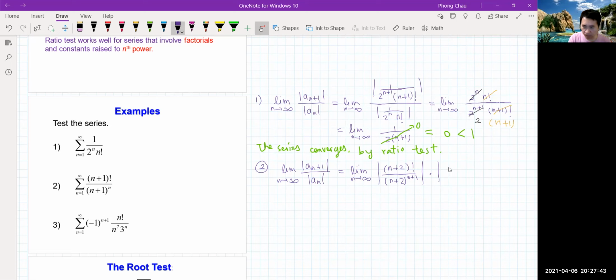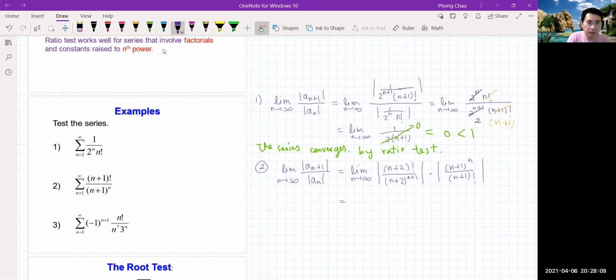So I multiply by (n+1)^n over (n+1)! in absolute values. Again, I could drop all the absolute values because it's all positive terms. Now, let's look for simplifications or canceling common factors.